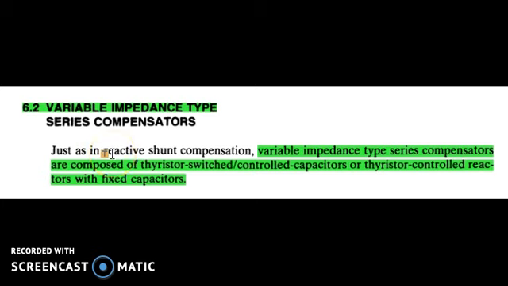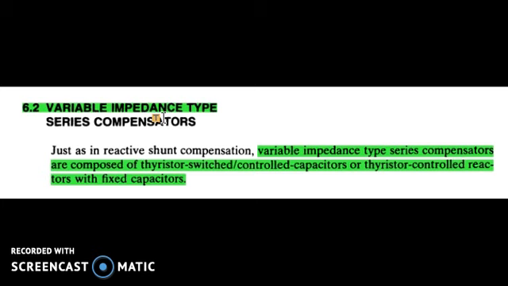Moving on to the different types of series compensators, we have the variable impedance type series compensator, just as in the case of shunt compensation. This is the idea we have been familiarizing ourselves with in the last few minutes.